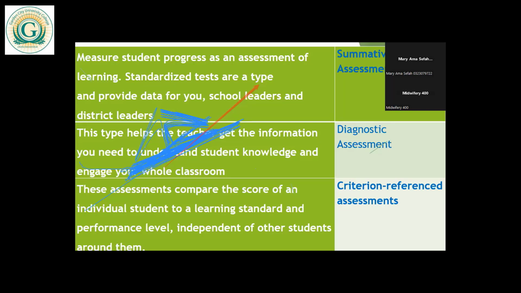Mostly we use these types of assessment for district exams, national exams, or even international exams. Normally we say they are standardized tests.